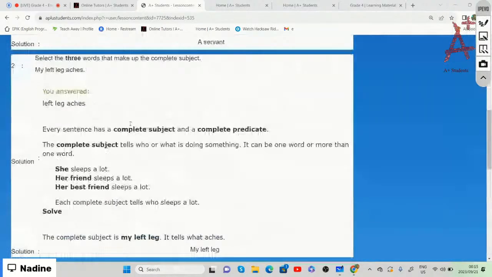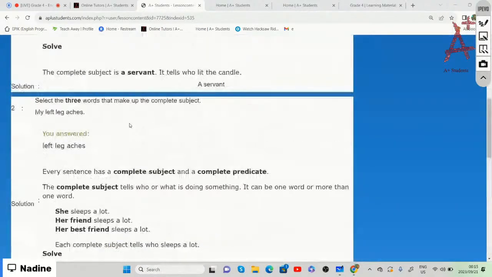Then we need to select three words that make up a complete subject. My left leg aches. The three words that make up our subject.